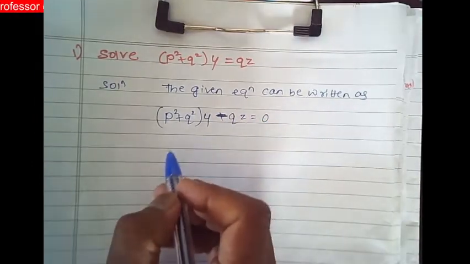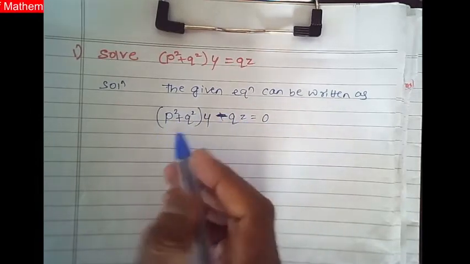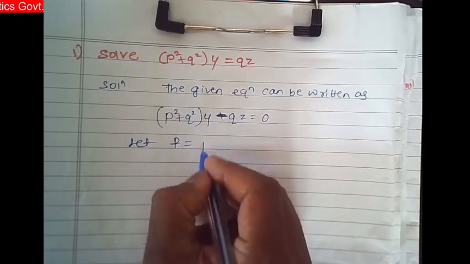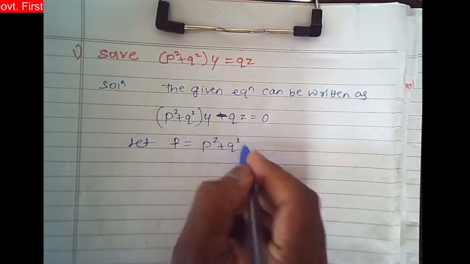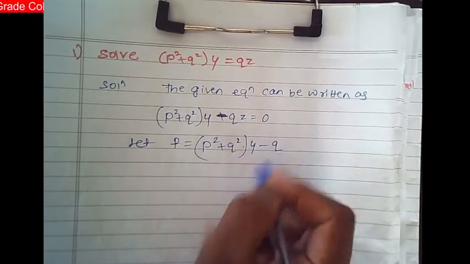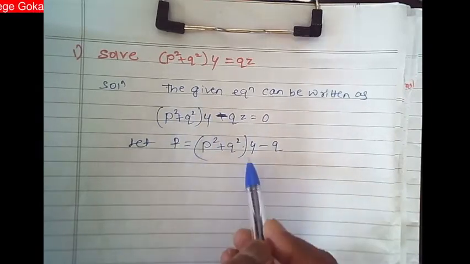Okay, so now we take this one as f of x, y, z. So let f is equal to (p square plus q square) into y minus qz. So let us take this one as f.